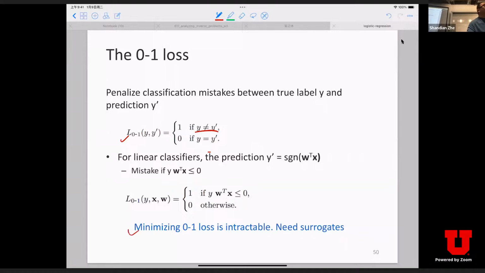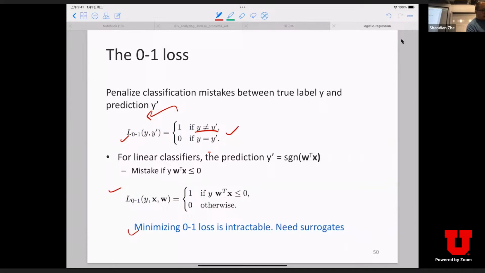However, in practice, minimizing the 0-1 loss is very difficult. Why? Because this is a step function. It's either 1 or 0. If you want to calculate the gradient from 1 back to your model parameters, it's very hard. Although in theory it has nice theoretical properties, in practice people will never use that because it will make learning of the model parameters a big headache.